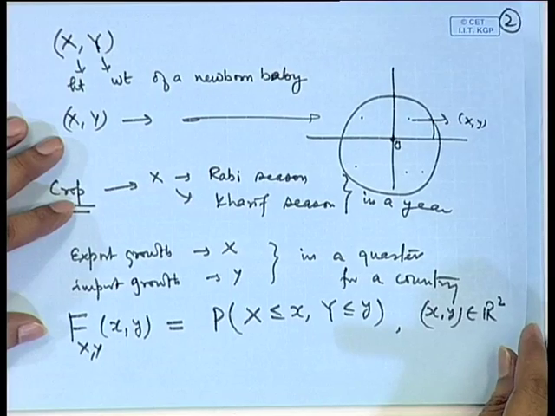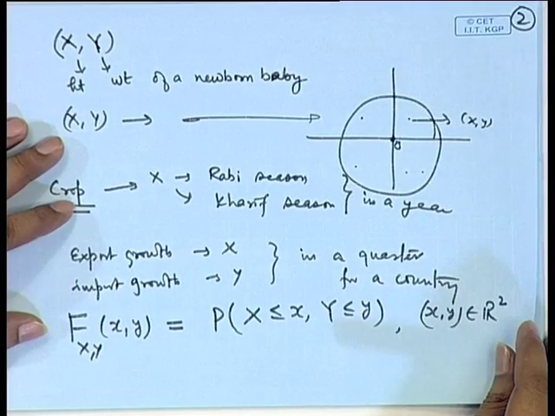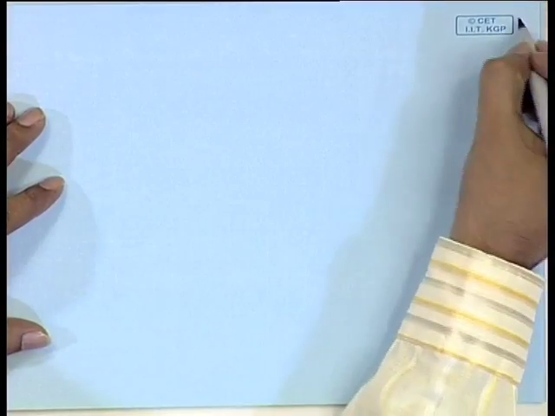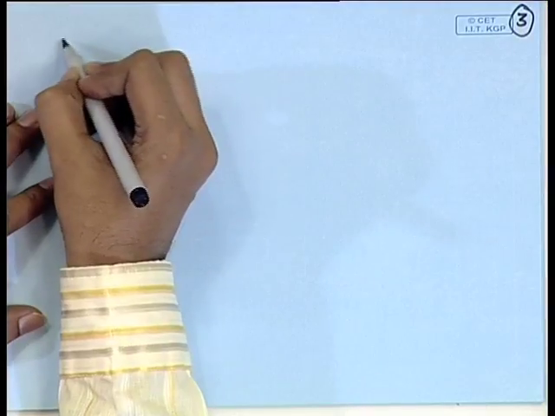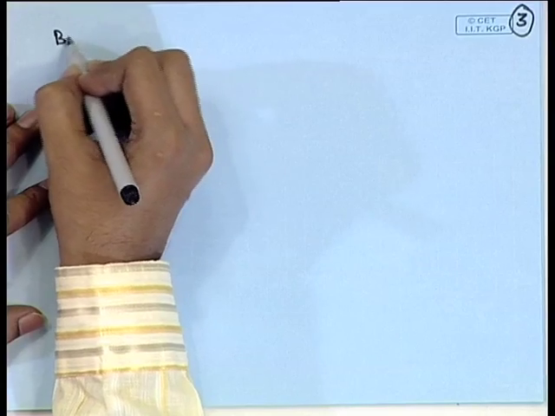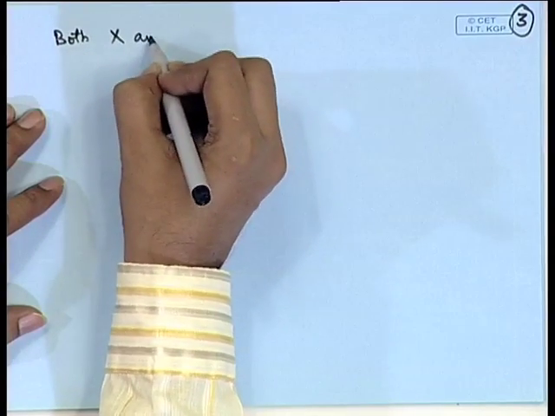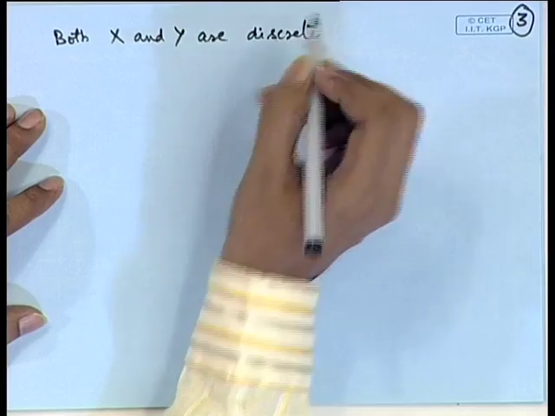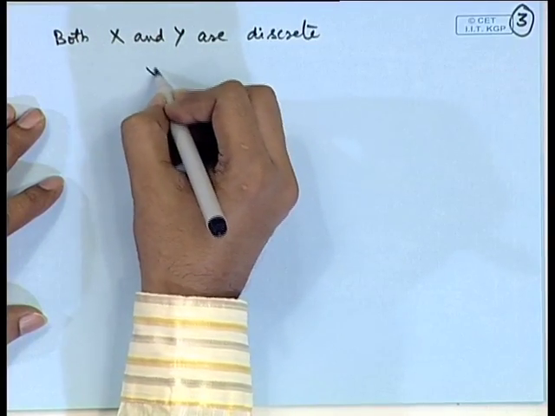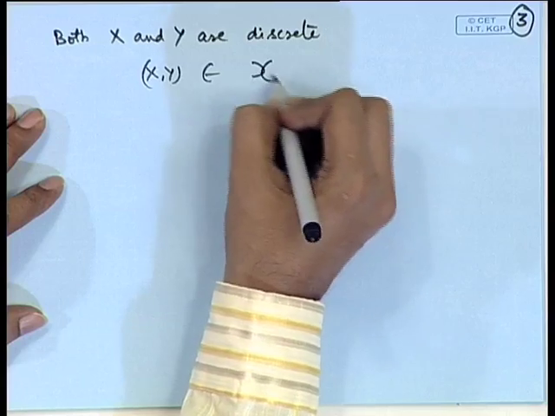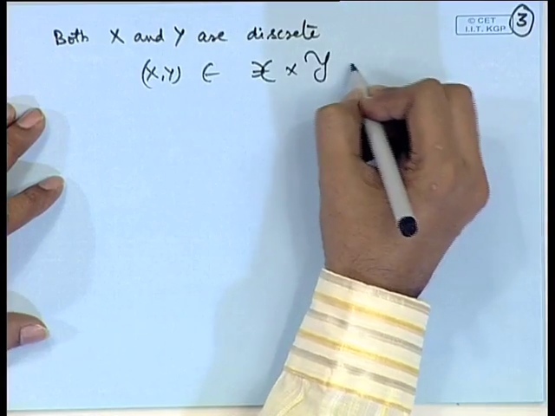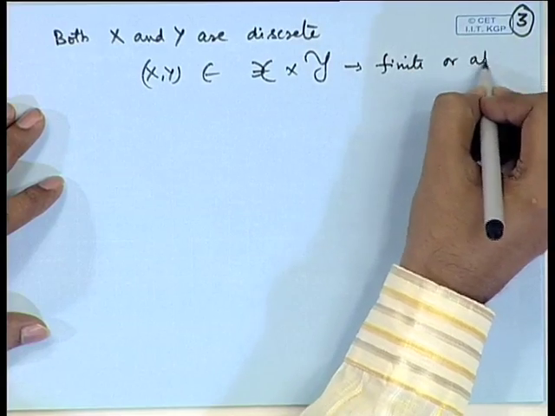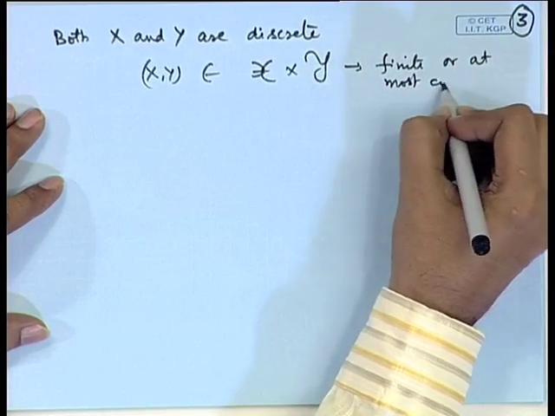Firstly, let us consider the case when both x, y are discrete or both x, y are continuous. If both x and y are discrete, that means the values that (x, y) take in a space, say X cross Y, are finite or at most countable.